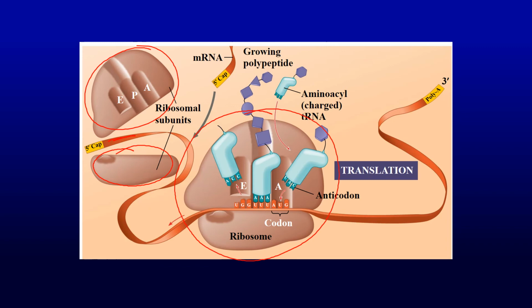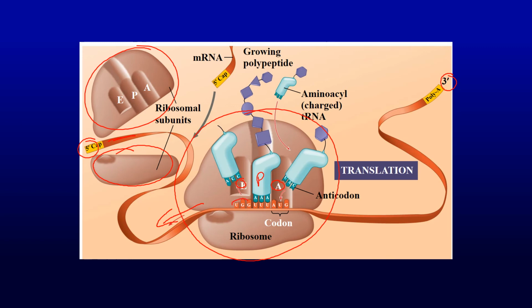We have our E, P, and A sites. The messenger RNA bumps through the ribosome in that direction. There's our 5' end and our 3' end, so it bumps through in the direction 5' leading, 3' lagging, and it bumps down one codon at a time.